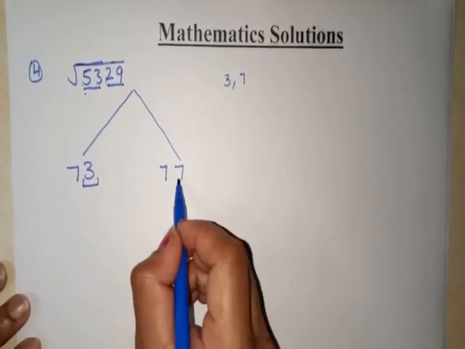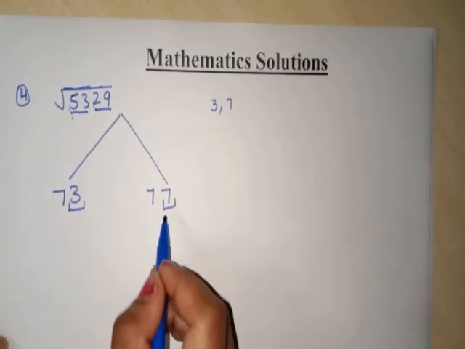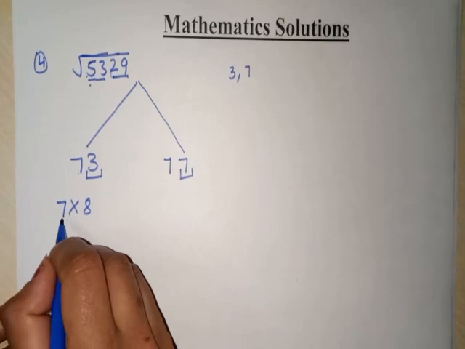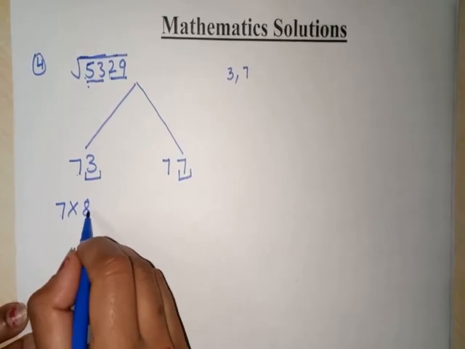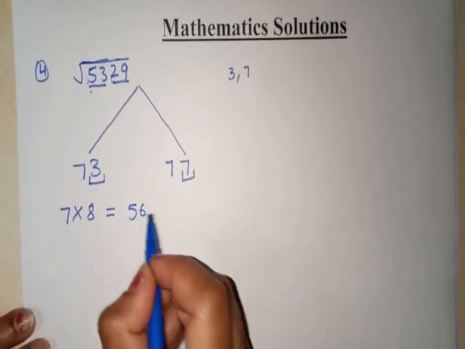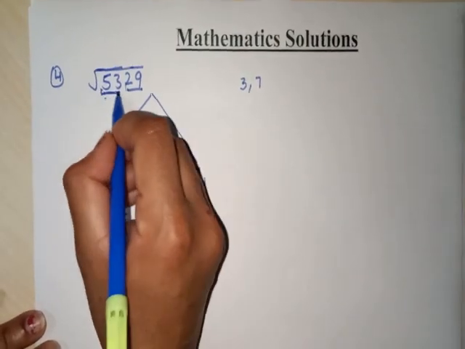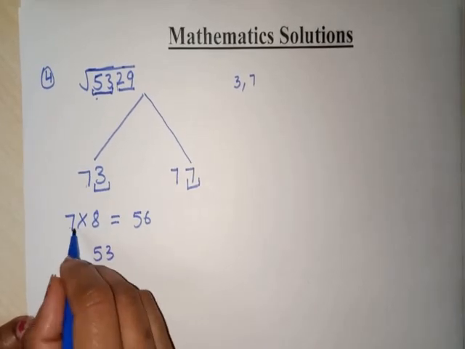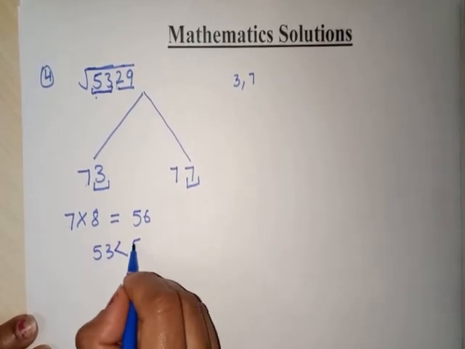To find the correct unit place digit, we have to multiply 7 with its next number 8. The product is 56. Now you can see that 53 here is less than the product of these two numbers.